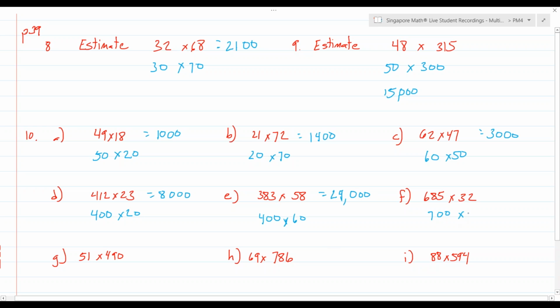Always just go to where you have a number and then zeros at the end of it, because then it's easy to say 7 times 3 is 21. How many zeros? 3 zeros.